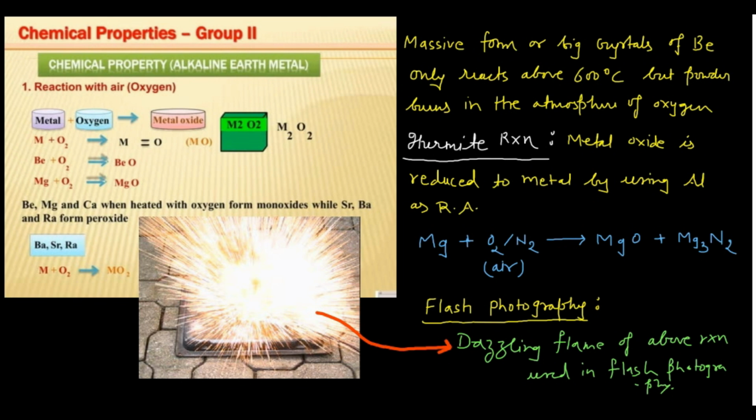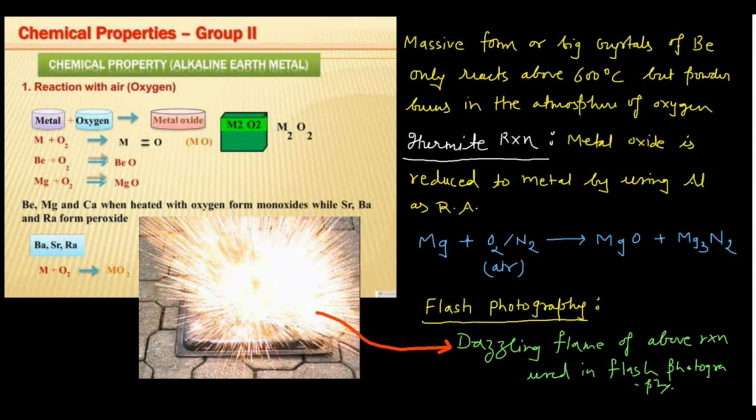You can see here, beryllium combines with oxygen and forms beryllium oxide. Similarly, magnesium combines with it and forms magnesium oxide, right? All these reactions are here. If you go through the first three, beryllium, magnesium, and calcium, when heated with oxygen, they form the monoxides.